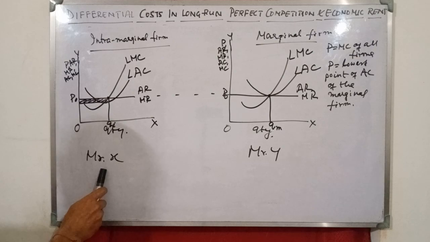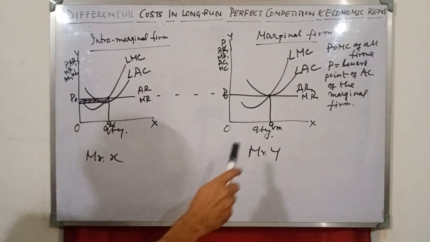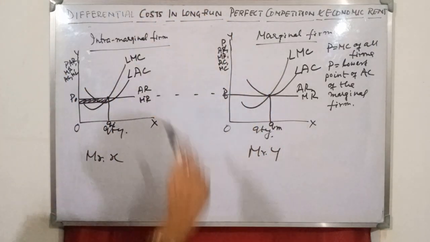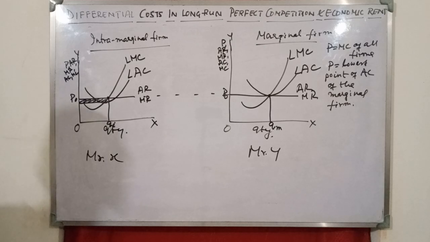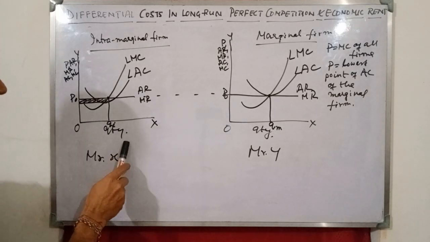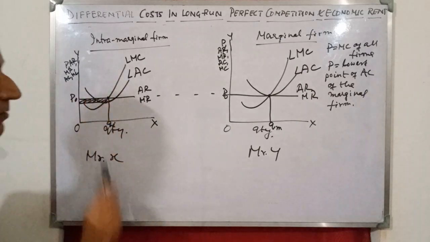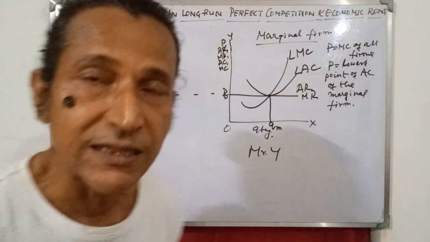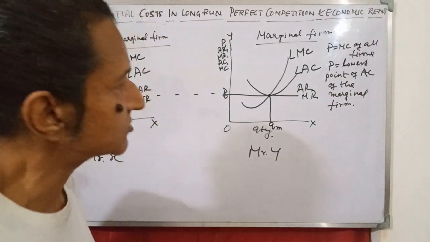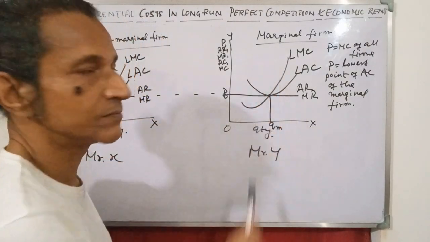Suppose Mr. X is the manager of intramarginal firm and Mr. Y is the manager of marginal firm. Mr. X is running the business in such a way that the cost of production of this intramarginal firm is 20,000 lower than the cost of production of marginal firm.